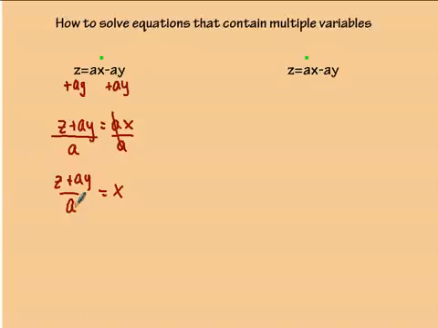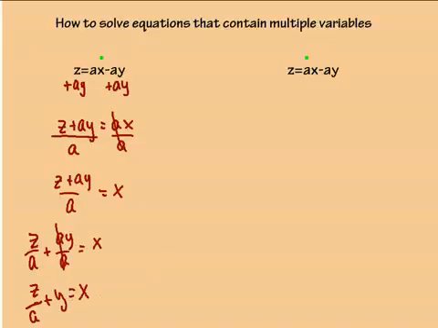If you have common denominators, you can put the numerators together and keep that common denominator. For that same reason, we can actually pull them apart. So we can rewrite this as z over a plus ay over a is equal to x. If you were to add these back together, you'd have what we started with. Z cannot be divided by a, so that's going to stay the same. But these a's will reduce, and we're left with just ay is equal to x.